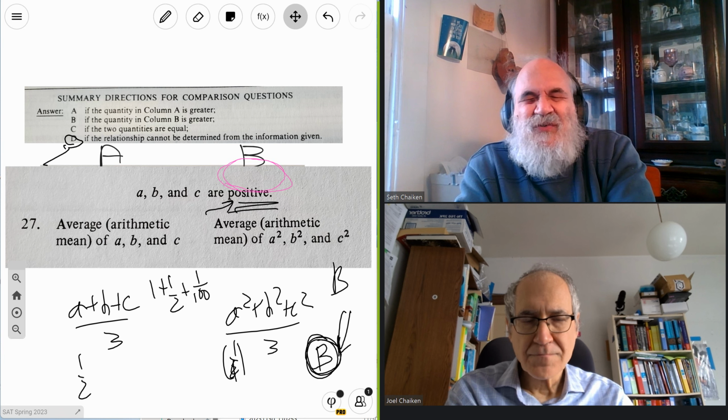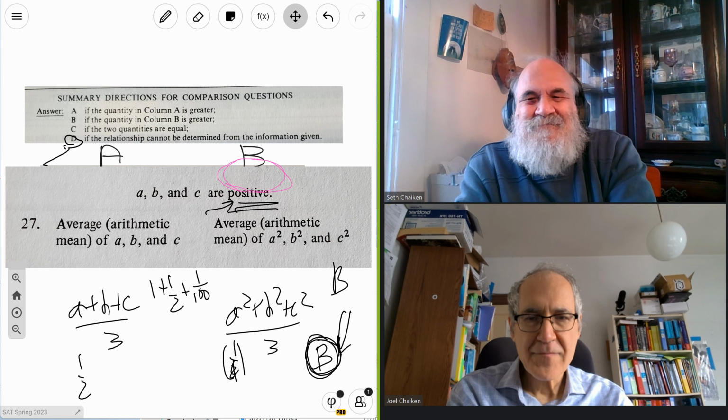If each number in one collection is smaller than each number in the other collection, the average of the smaller numbers is smaller than the average of the bigger numbers.